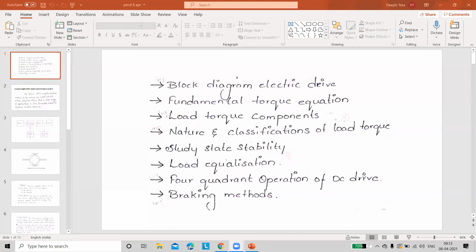By knowing all these things, we are going to study how a drive is operated and what the basics are. After that, in the forthcoming units, we are going to learn in which manner we can apply power electronic converters to run this drive, right?